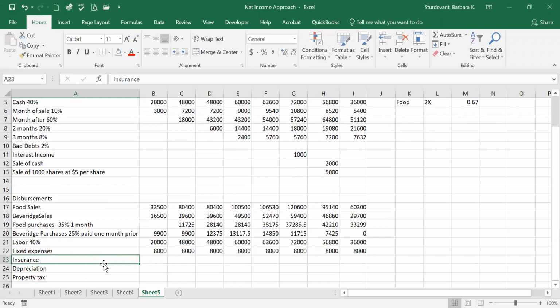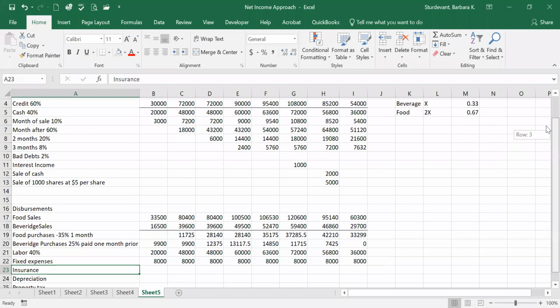Okay, so what do they tell us? Insurance premiums are paid quarterly. Again, when are they paid? They're paid quarterly in January, April, July, and October. And they're $3,000. So that's exactly what we would do.